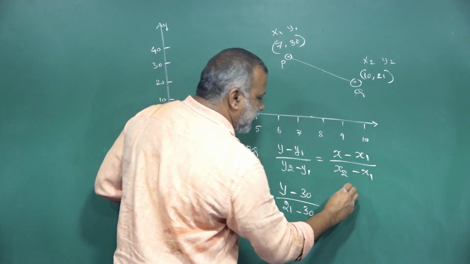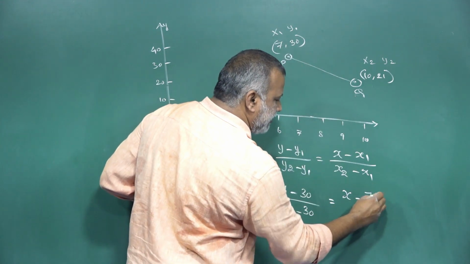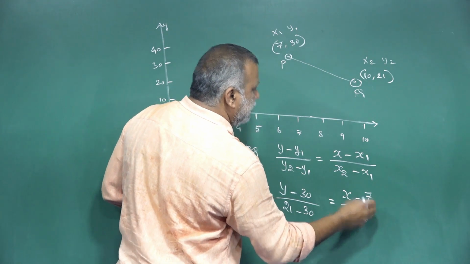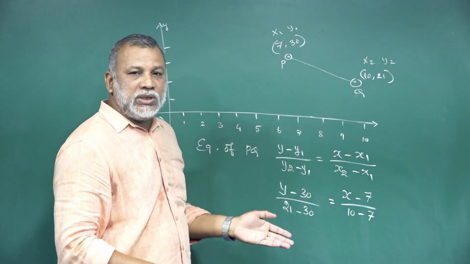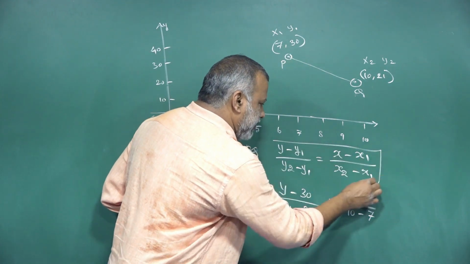That is equal to x minus, what is the value of x1 here? 7, divided by x2, that means 10 minus 7. So we have to substitute the given points in this formula. This is the formula we are using.